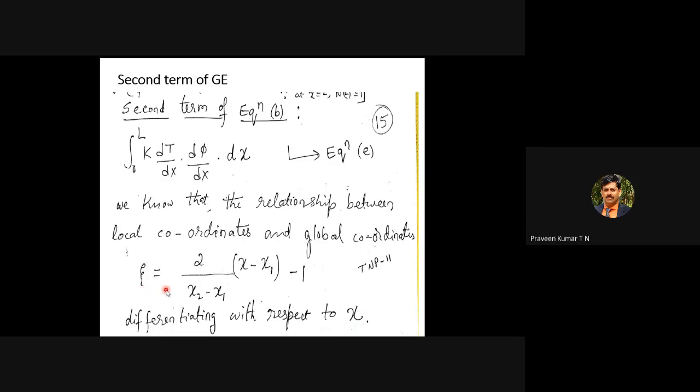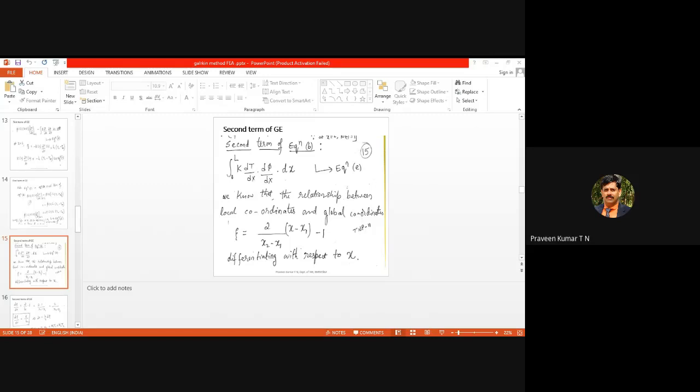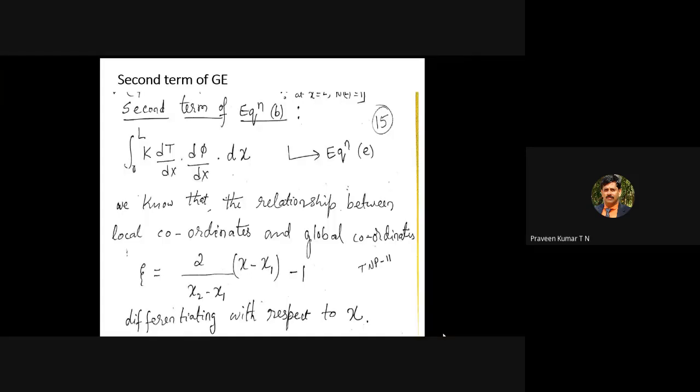The dimension of the beam may be a length ranging from 1 meter to 10 meters, 100 meters, whatever it may be. But once we define the element in terms of the natural coordinate, at one end of the beam the xi value is -1, and at the other end the xi value is +1. This type of question may come in your objective questions if the next online test is objective.